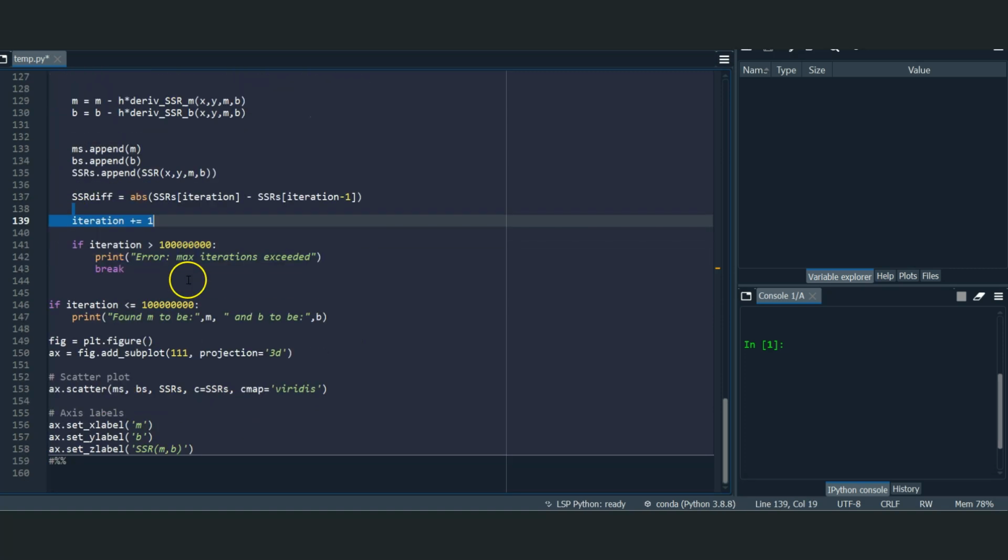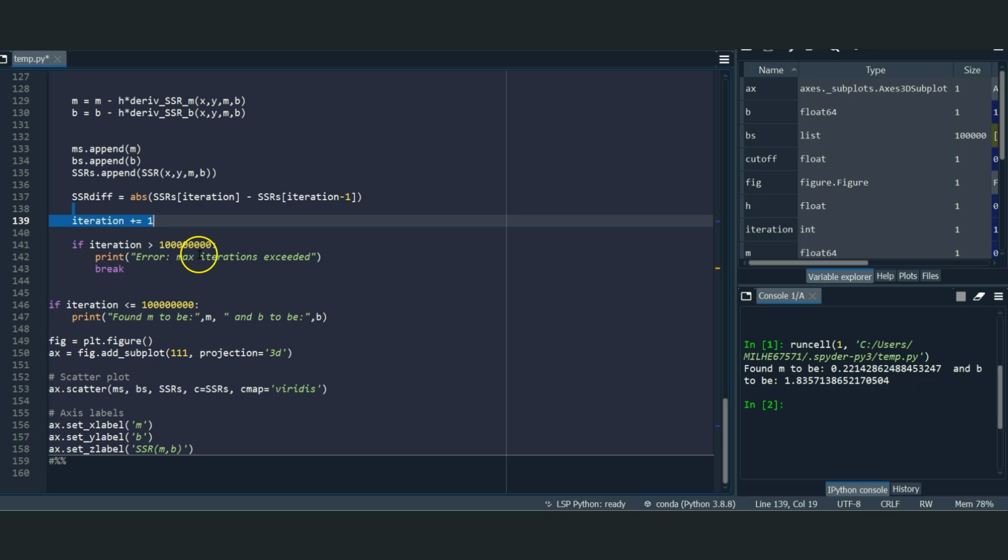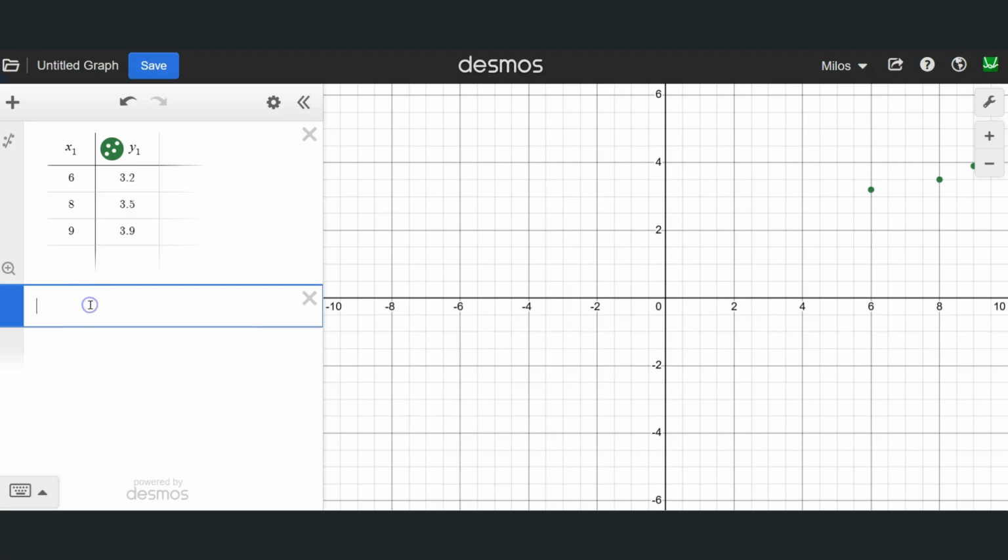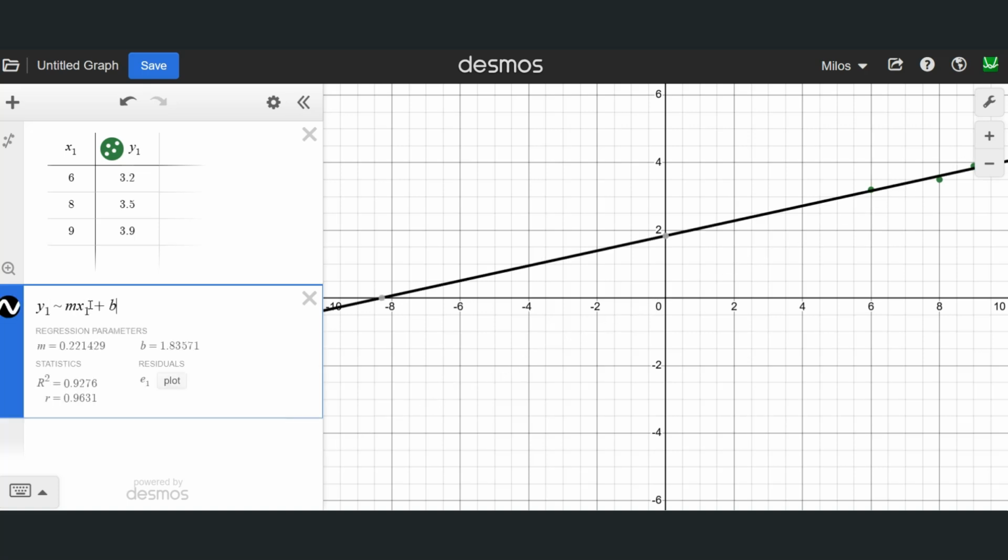This right now is not going to do very much, but let's take a look at what this executes. So we'll go ahead and run this cell. This is going to run quite a few times, just to illustrate what's going to happen. We end up getting an m of about 0.22 and a b of about 1.84. If we now come up with the regression, just to visualize this, let's see what the regression would produce: y1 tilde mx1 plus b.